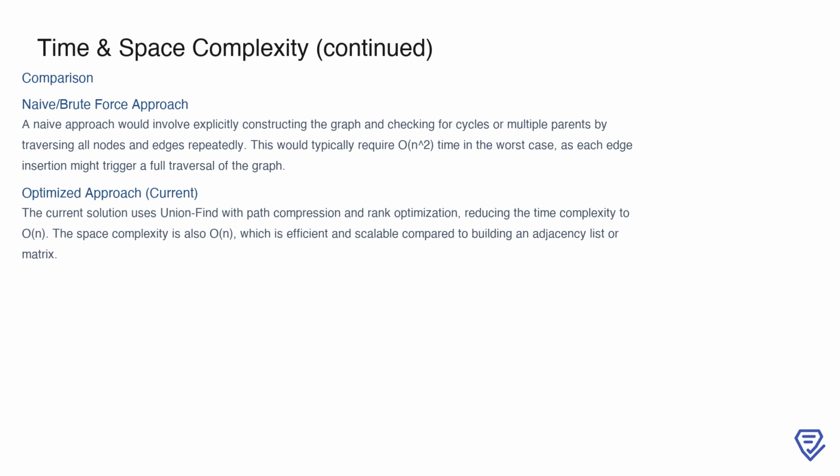This improvement is significant, as the union find structure efficiently handles connectivity checks and cycle detection. Additionally, the space complexity of O(n) is much more scalable than the potential overhead of constructing an adjacency list or matrix, which could require more memory depending on the graph representation.